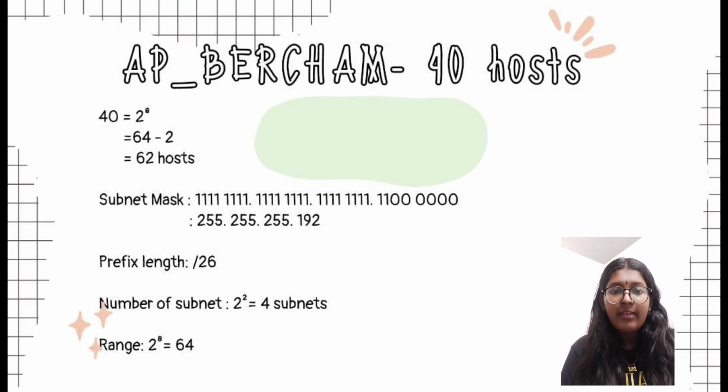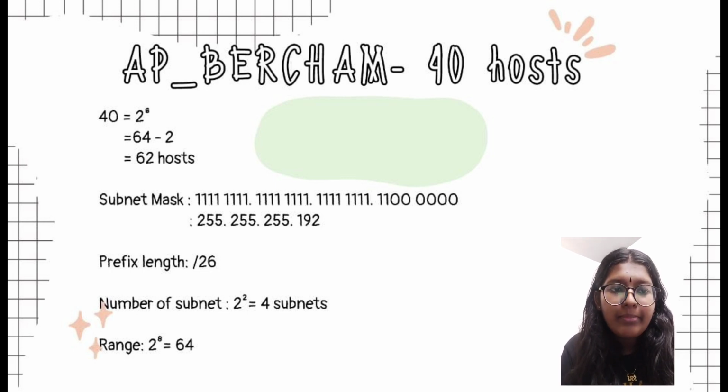The prefix length for AP Bercham is /26, and the number of subnets equals 2 power of 2, which is 4 subnets, and the range is 64.